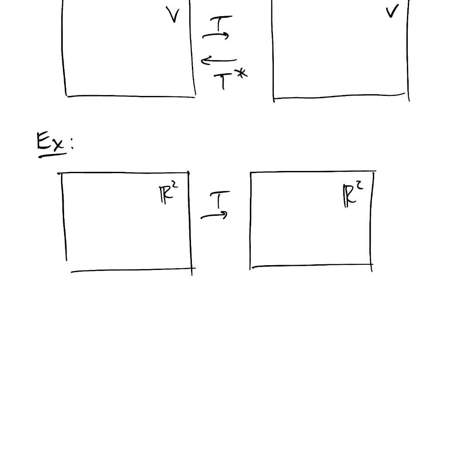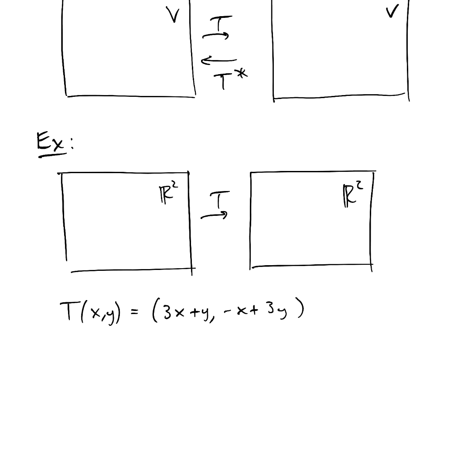So let's say T of x comma y spits out 3x plus y comma negative x plus 3y. All right, so that's a perfectly reasonable linear operator from R2 to R2. Okay, let's see if we can figure out its adjoint.